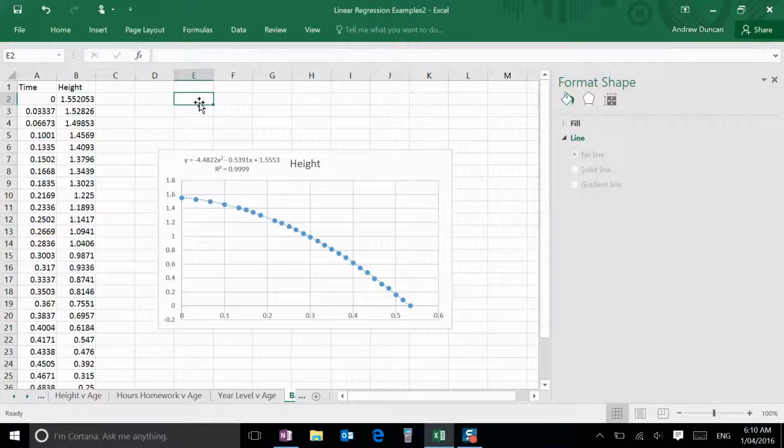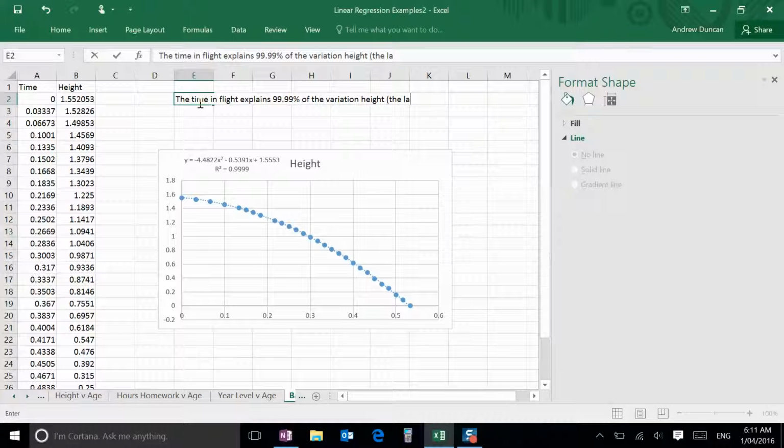Okay, it says that the time in flight explains 99% of the variation in height. So when we say the time in flight, we're really referring to the laws of physics, or the kinematics and those sorts of things.